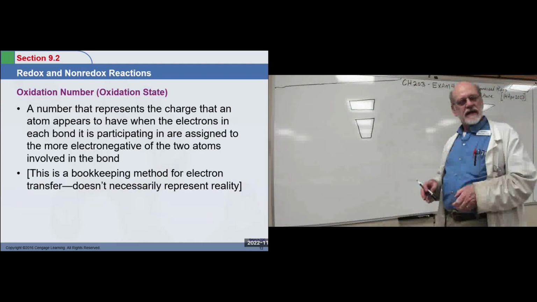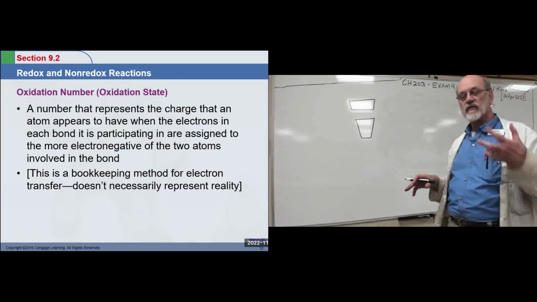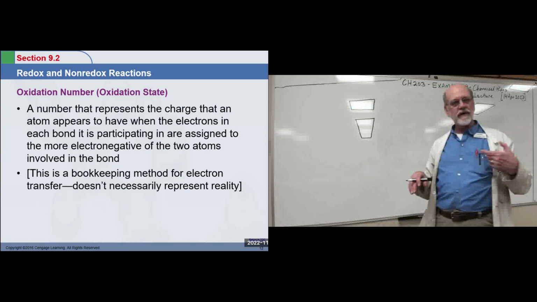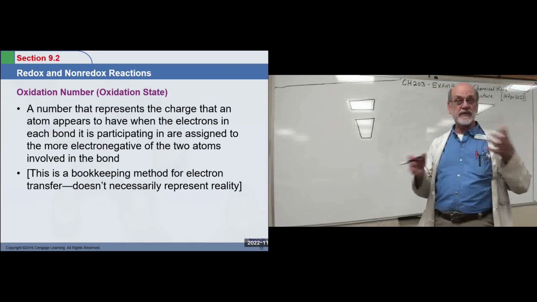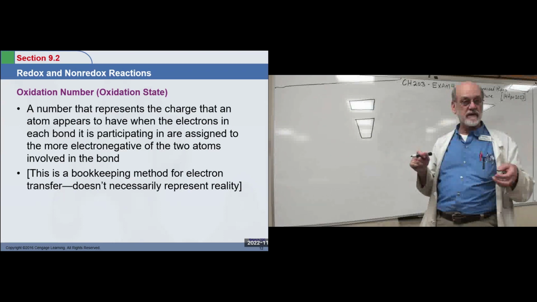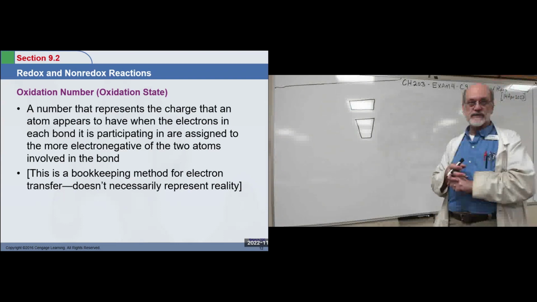Okay, so if you can't use that clue, sometimes you need to have a set of rules to tell you whether or not an electron has been lost or gained by any particular element in the reaction. And for that, we use what's called oxidation states or oxidation numbers.